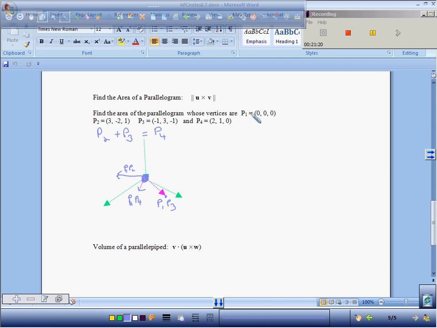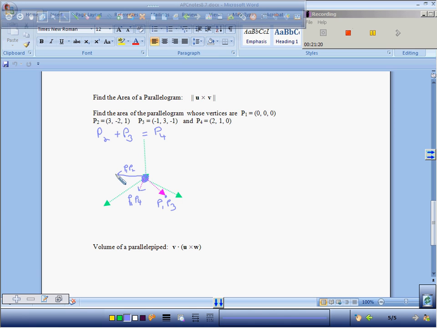Do you see that? Because if I add 3 plus -1, I get 2. And if I add -2 plus 3, I get 1. And if I add 1 plus -1, I get 0. That must mean that P2 and P3 are adjacent sides, and P4 is a diagonal, okay?